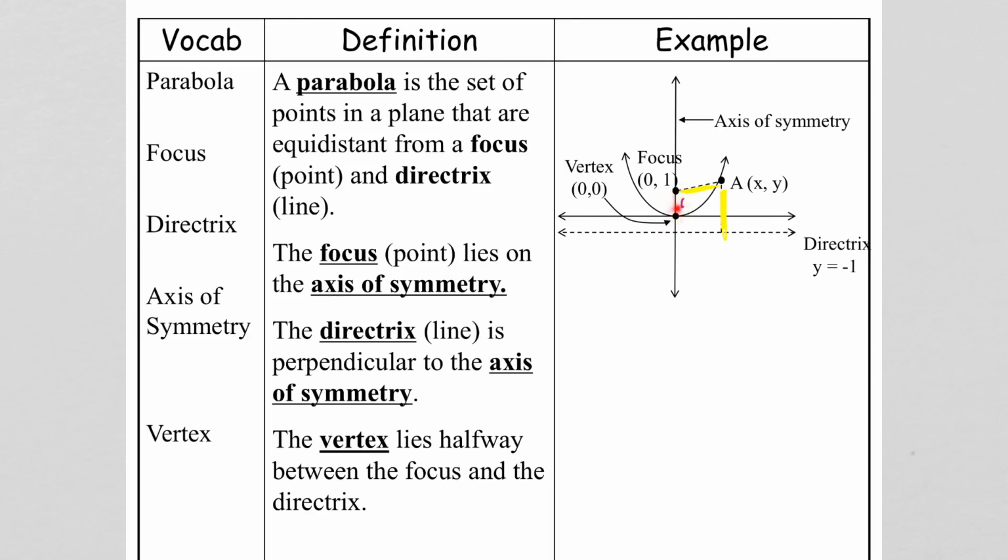This length here is 1, which means I would drop 1 to get to my directrix line. That is why this line has an equation of y = -1, because it passes through the y-axis at -1. Also notice that this directrix is perpendicular to my axis of symmetry.